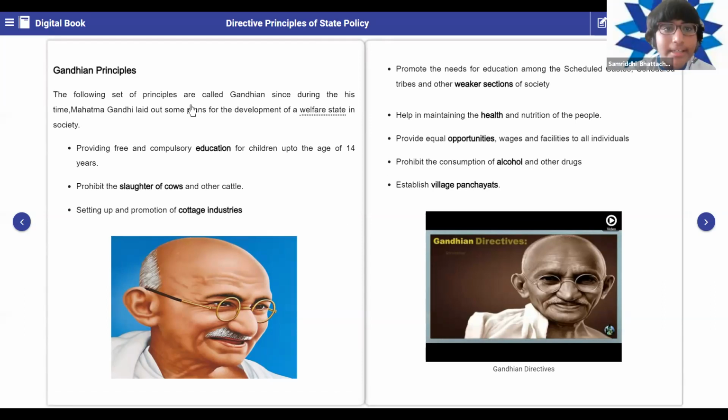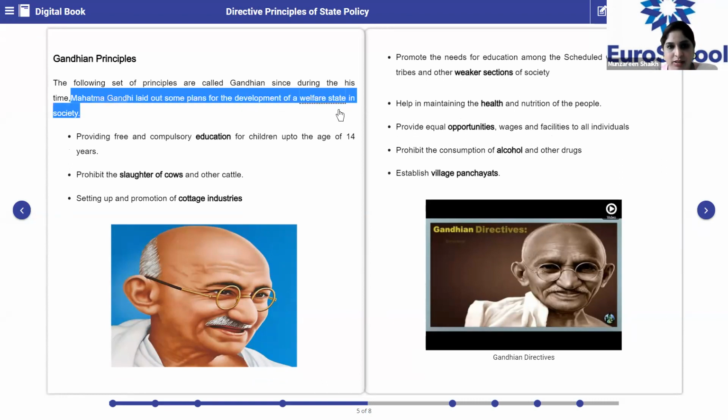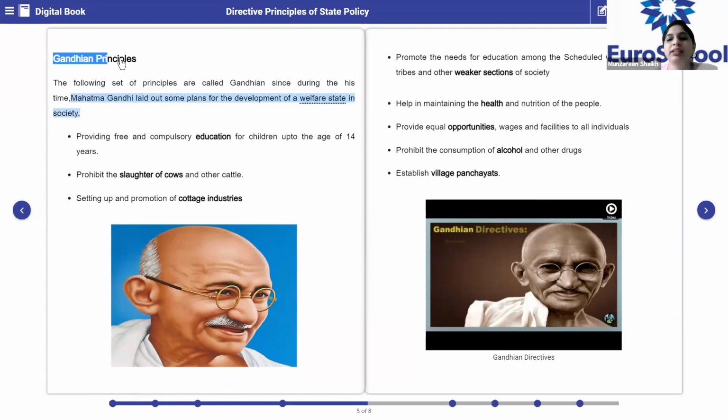It is Mahatma Gandhi ji who had laid down plans for the development of the welfare state. Please underline that, and also underline the heading. That is the reason it is called Gandhian principles. Got it, everyone?